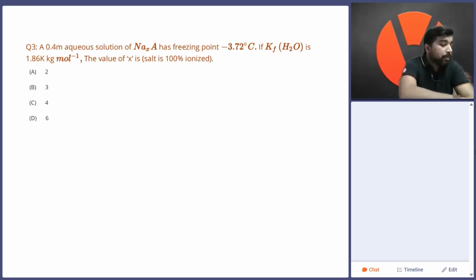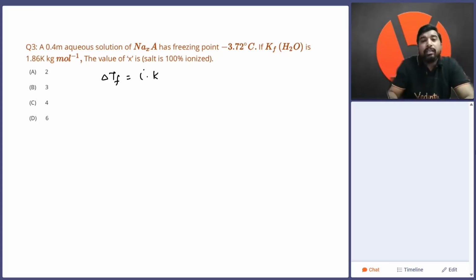So for this, we know the formula, that is delta Tf is equal to i into Kf into molality. From here, we just need to find the value of i. So what is the value of delta Tf? That is 3.72, equal to i. We just need to calculate it. The value of Kf is 1.86, and molality is 0.4.